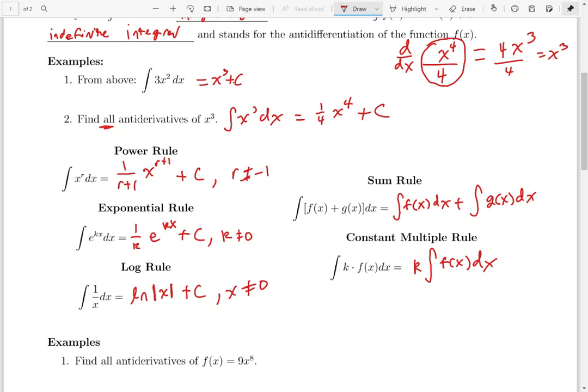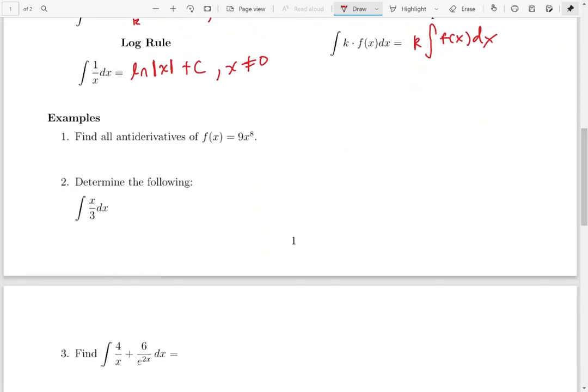Okay, so now let's take some more antiderivatives using these properties. We want to find the antiderivatives of 9x to the 8th. Okay, let's write that. That is the integral of 9x to the 8th dx. Well, the integral of a constant times a function is a constant times the integral of the function.